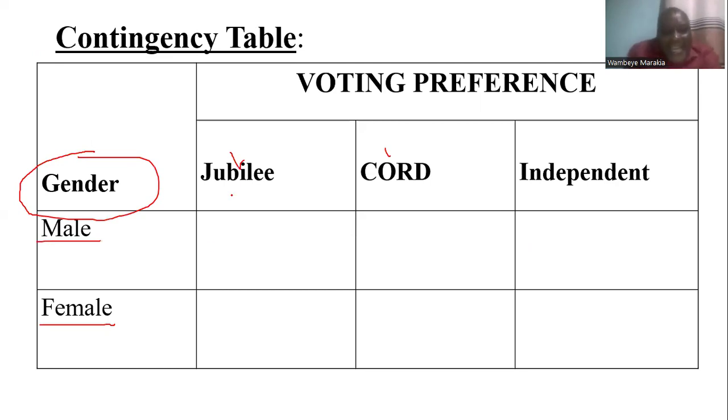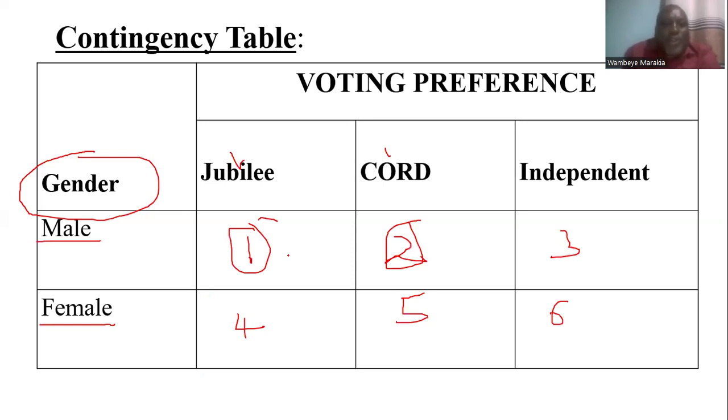So these are now the observed. These are what we are calling the cells. We have cell 1, cell 2, cell 3, cell 4, cell 5, and cell 6. This is where we are going to record our tallies.